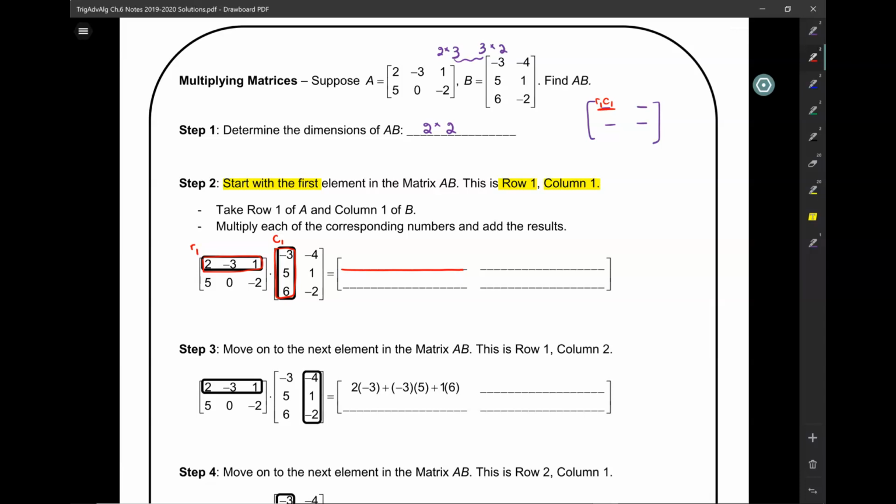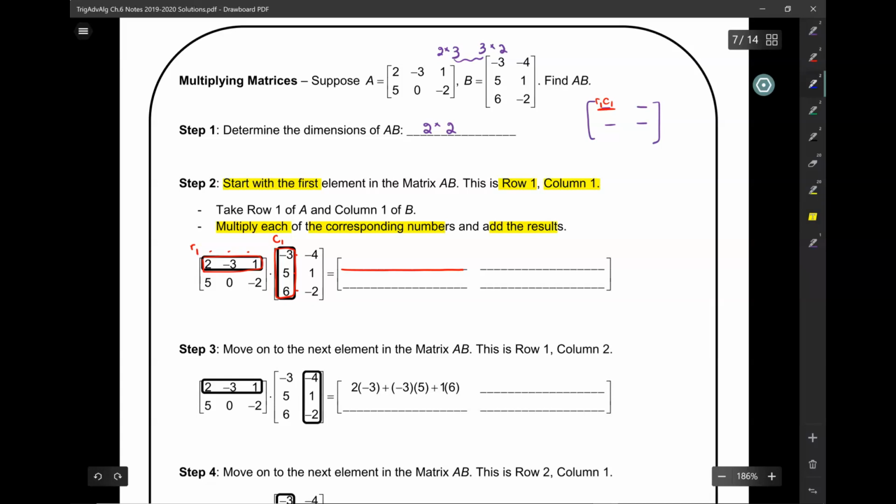Now, take a look at how many elements are inside row 1. 1, 2, 3. How many are inside column 1? 1, 2, 3. Okay, it's supposed to be that way. Now you have to multiply each of the corresponding numbers and add the results. What do I mean by that?